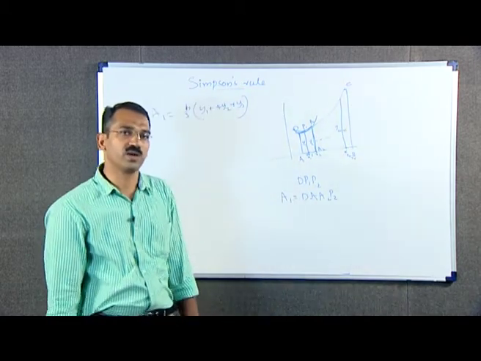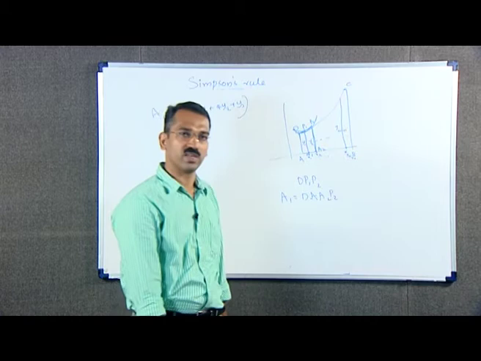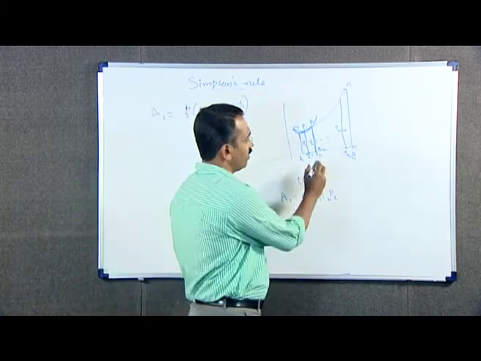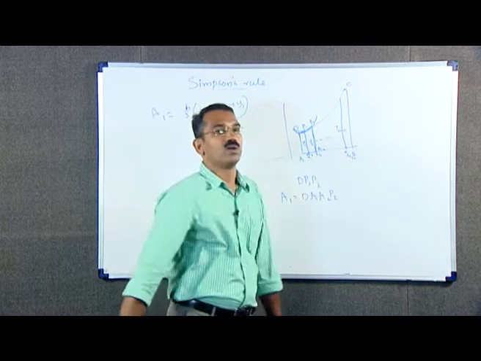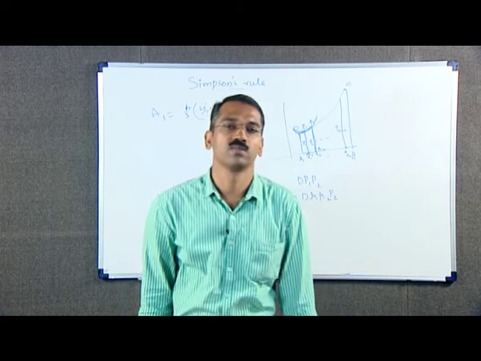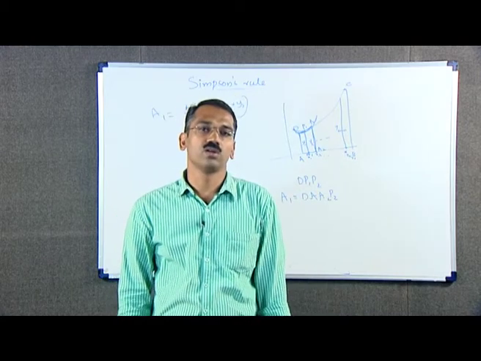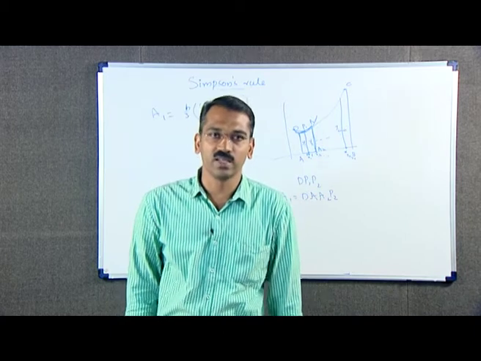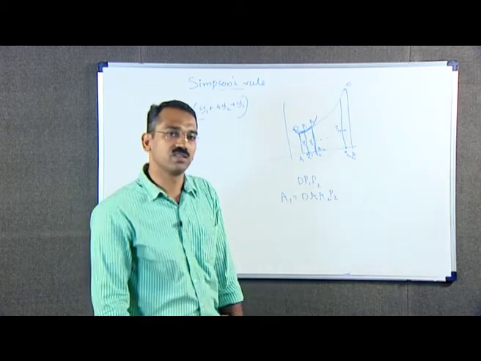Similarly, we apply the parabolic rule for the area joining the ends of the ordinates y3, y4 and y5, and so on. We denote A2, A3, etc., An as the successive areas.